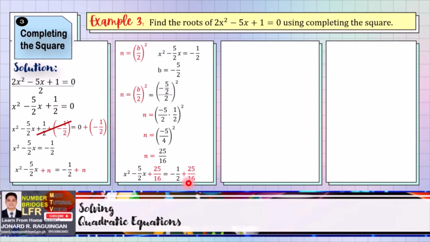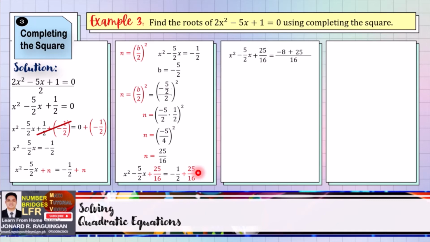Then simplify the right side of the given equation. So copy the left side, which is x squared minus 5 all over 2x plus 25 all over 16, is equal to the LCD of negative 1 half plus 25 all over 16, which is 16. 16 divided by 2 is 8 times negative 1 is negative 8. 16 divided by 16 is 1 times 25 is positive 25.